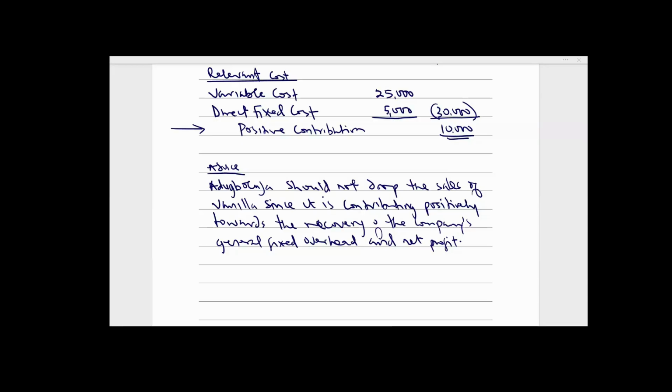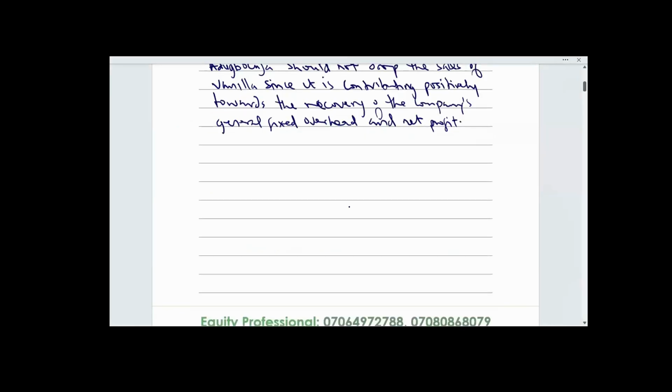But if the contribution of banana is less than the contribution of vanilla, the company should not switch resources. But first things first, before you can advise, you need to prepare an income statement for banana. So B, income statement for banana.